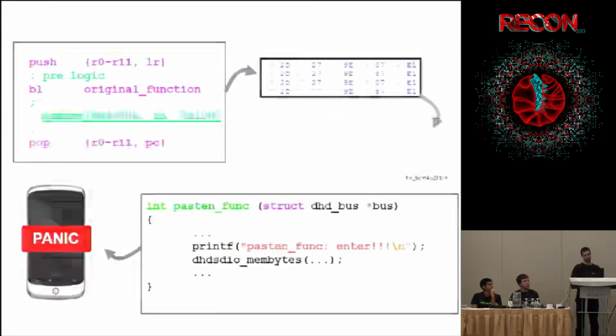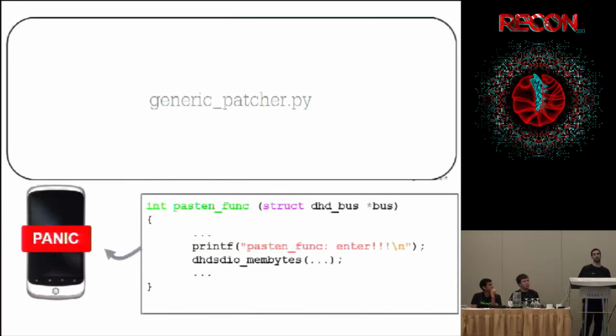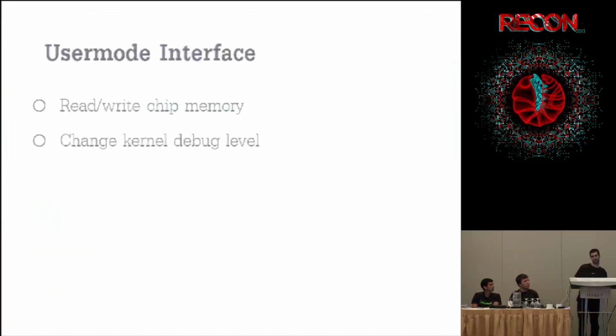Okay, so now we fixed the binary patching part, but we still have to compile the kernel for each new patch that we write in order to extract the memory from the chip back to the OS. We don't like that because we write bugs in the kernel.